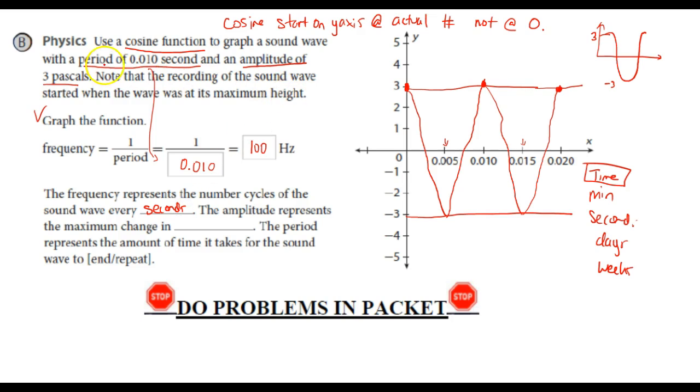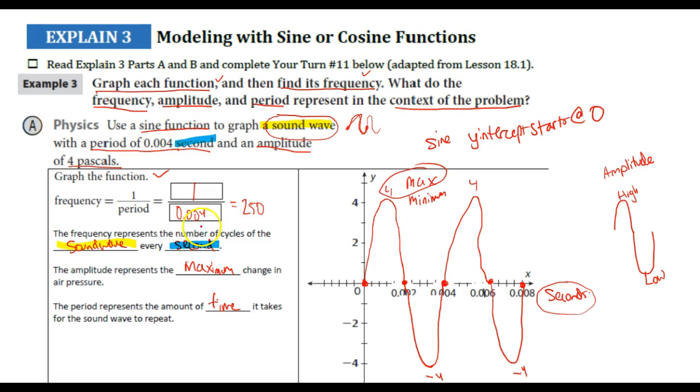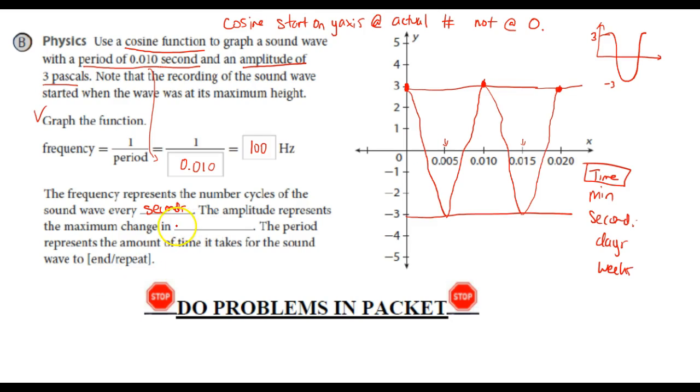You're like, how do you know that? Because they tell it right here in the problem, seconds. All right, the amplitude represents the maximum change in, and on the last one, we saw that that was a maximum change in air pressure. Same thing, air pressure.